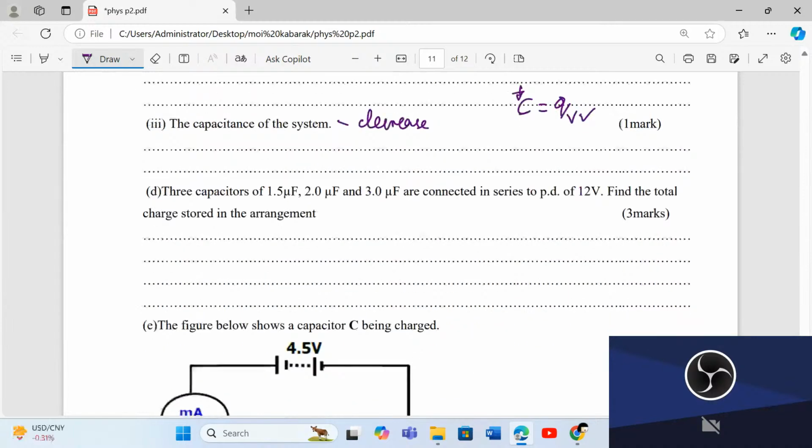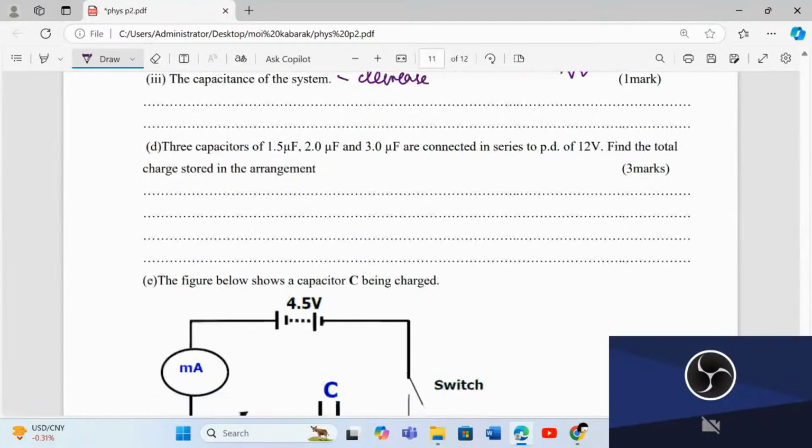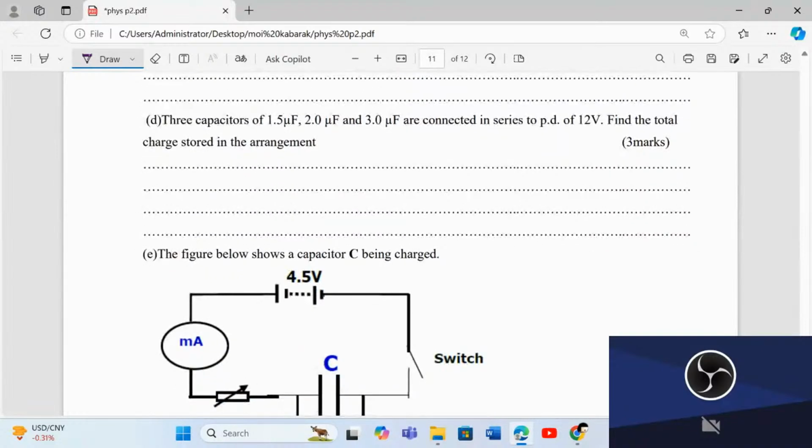Three capacitors, 1.5 microfarad, 2.0 microfarad, and 3 microfarad, are connected in series to a potential of 12 volts. Find the total charge stored in the arrangement.